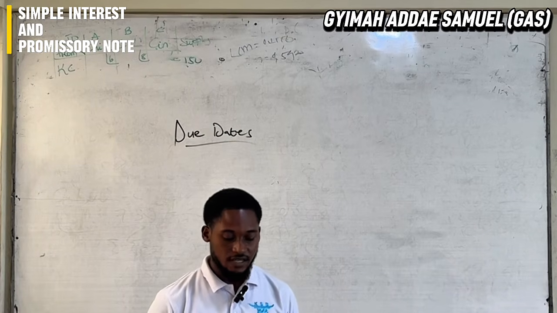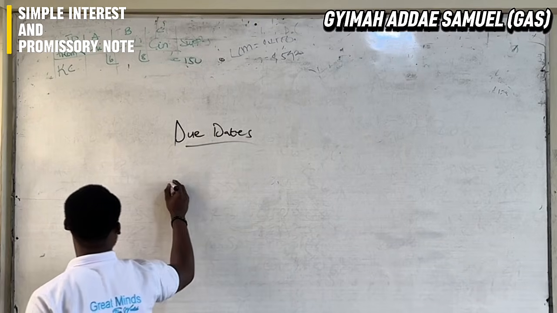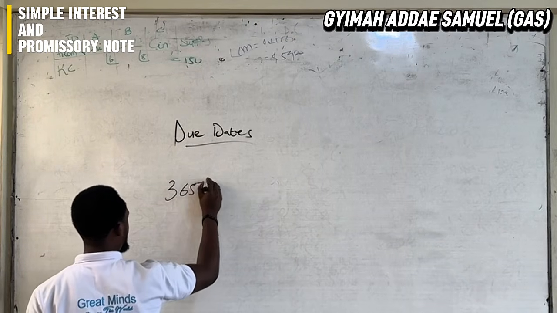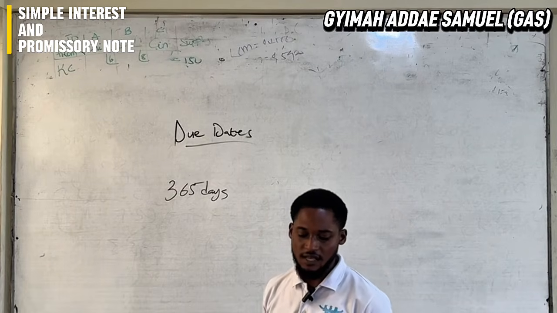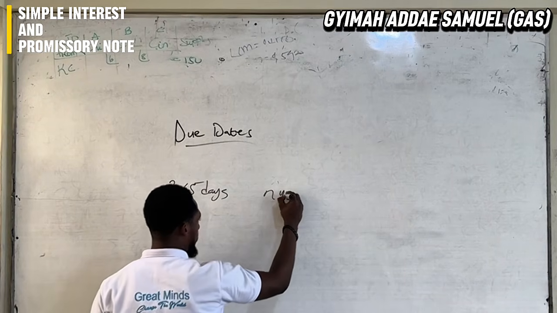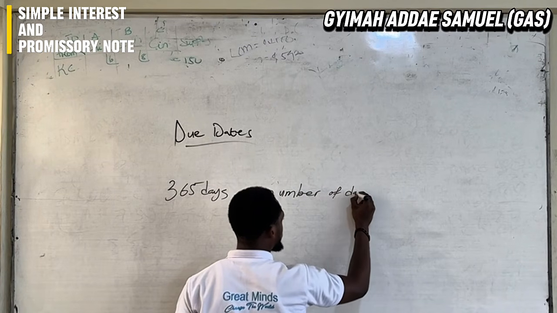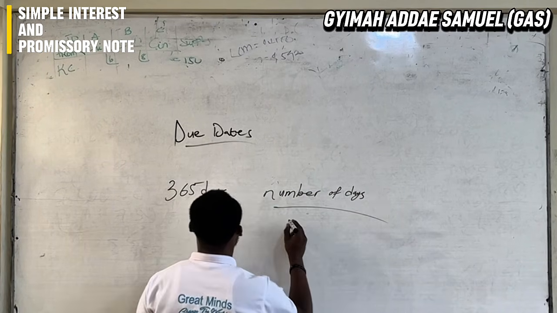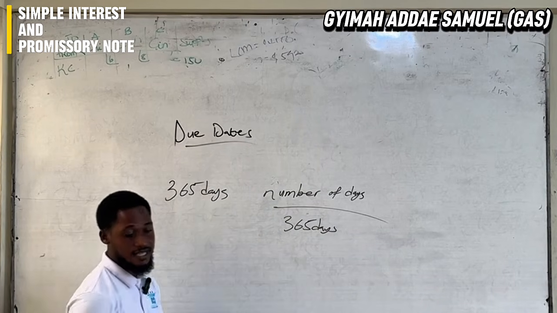Under the exact interest, 365 days are used. So you divide the number of days by 365 days under the exact.